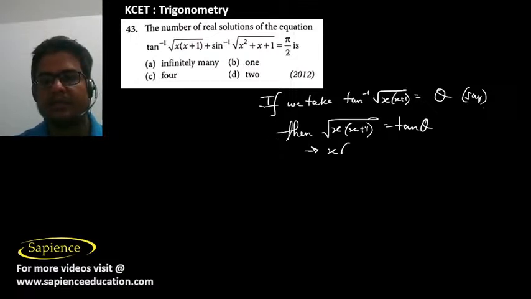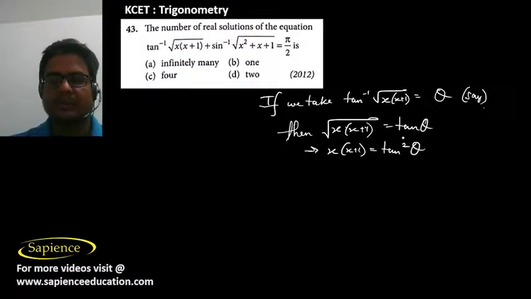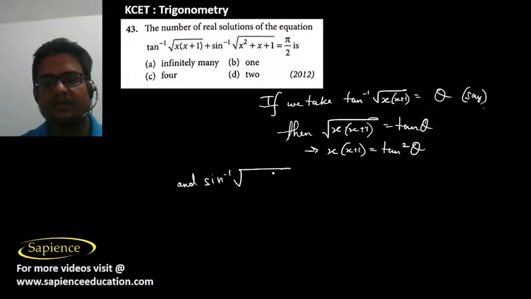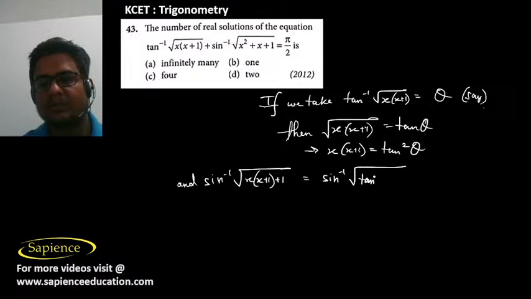It means that x into (x plus 1) will be equal to tan square theta. And here sin inverse of root over x square plus x, I can write it as x into (x plus 1) plus 1. So that will be equal to sin inverse of root over tan square theta plus 1, which is equal to sin inverse of sec theta.